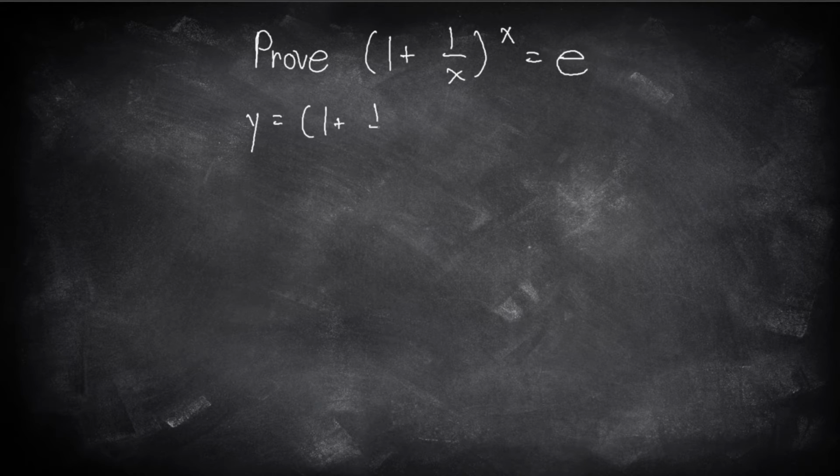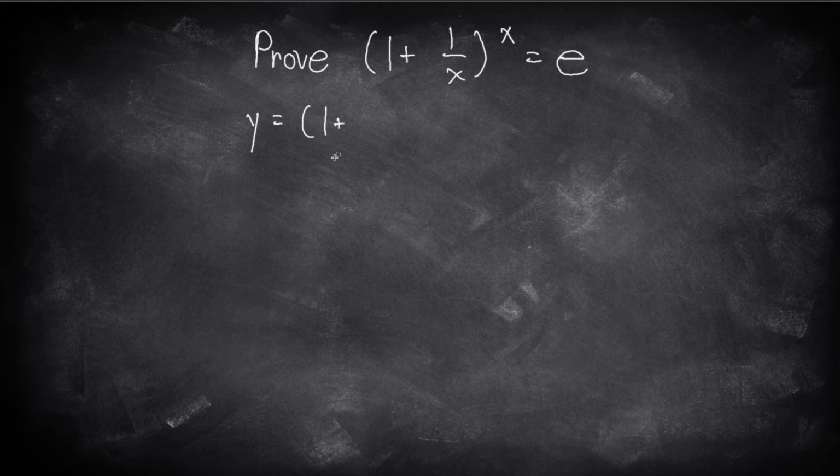To end it all off, let's say we want to prove that the limit as x approaches infinity of (1 plus 1 over x) to the power of x is equal to e. So let's say y is equal to (1 plus 1 over x) to the power of x. Oops, sorry, I forgot the limit.